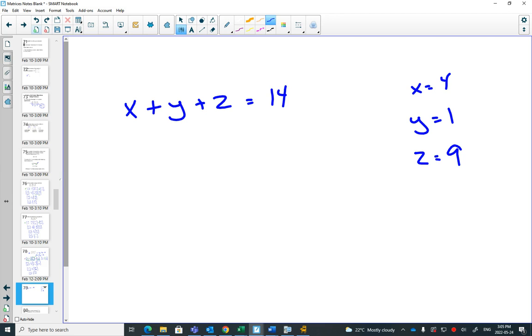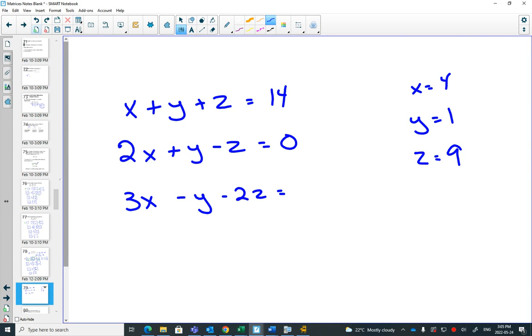Okay, and then we could take 2x plus y minus z, that would be 0. And what else would we like? We'd like 3x's minus y minus 2z would be what?